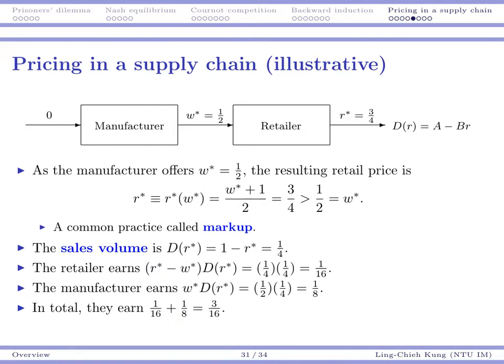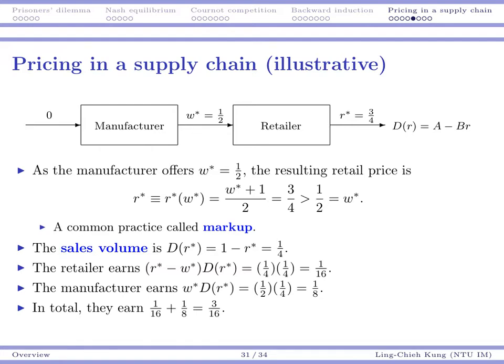In total, we can see the retailer can earn 1/16, the manufacturer earns 1/8, and together they earn 3/16. Okay, this can be done when we assume the parameters are 1, 1, and 0, we get something like this.